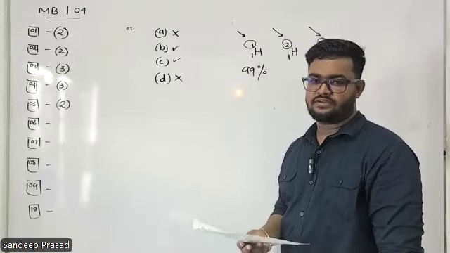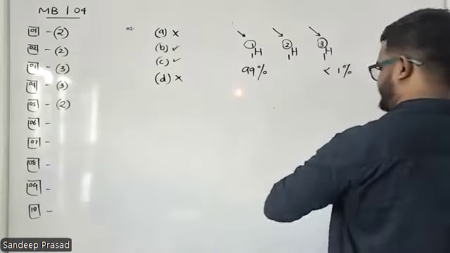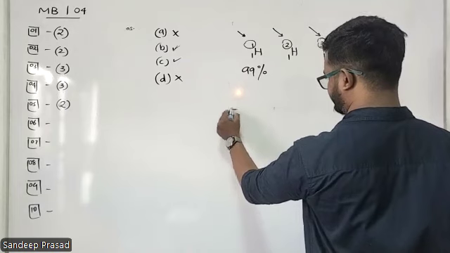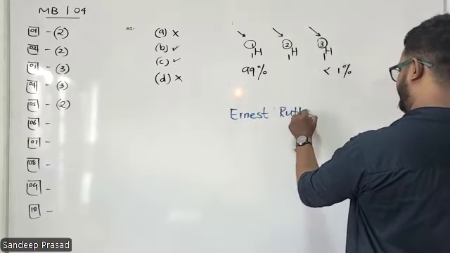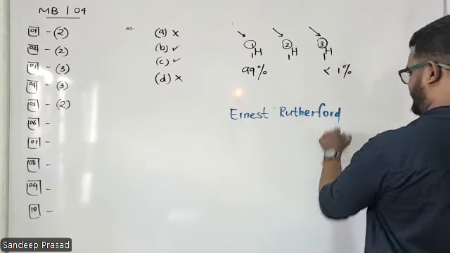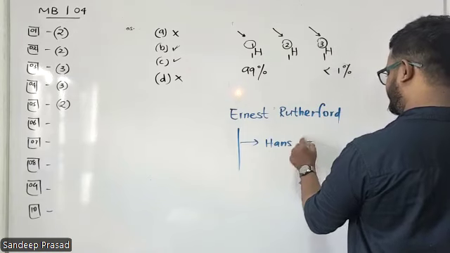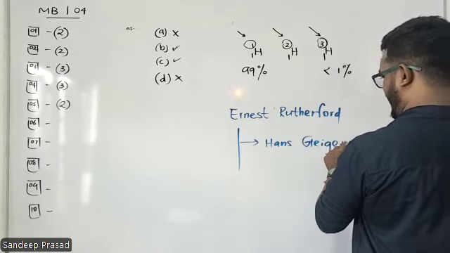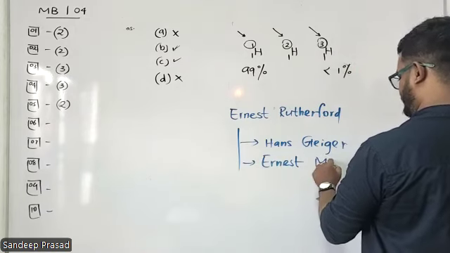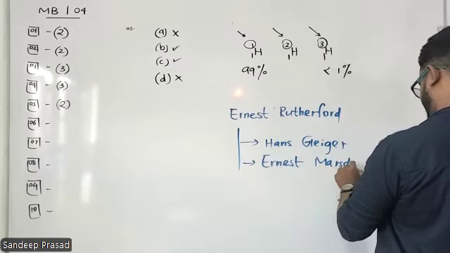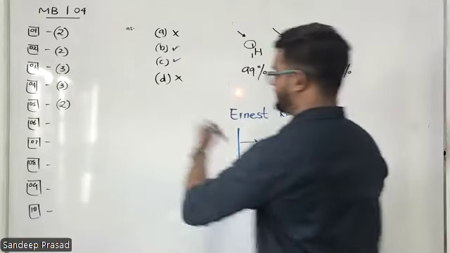Ernest Rutherford did the experiment with his two students, Hans Geiger and Ernest Marsden. So the A statement is wrong.